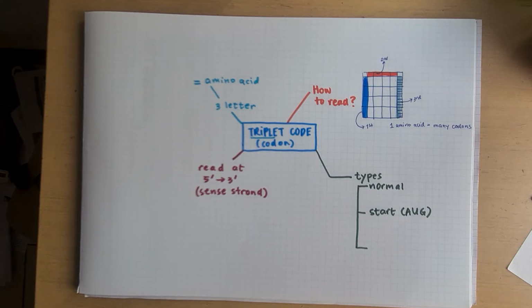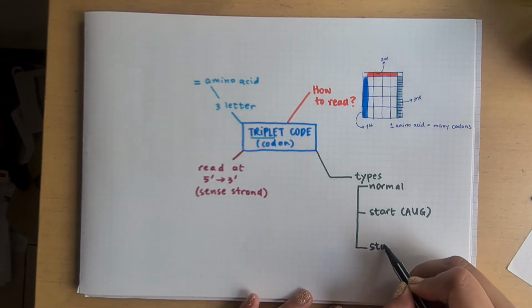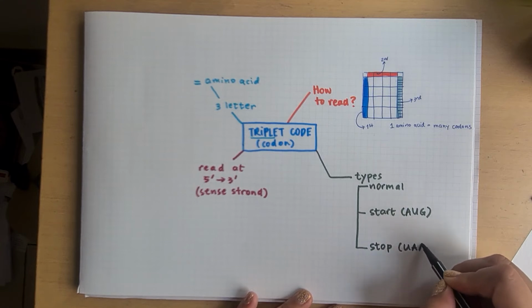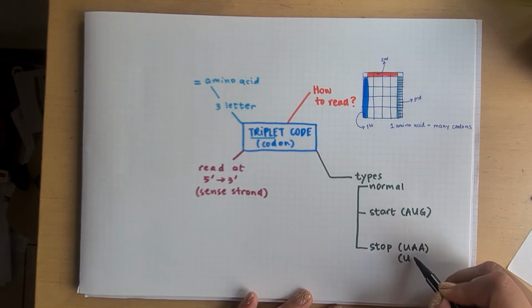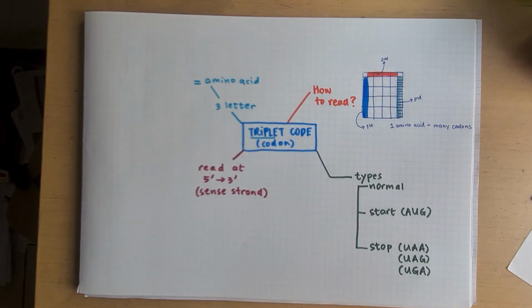And lastly, we have three special codons to indicate the stop of protein synthesis, and that is UAA, UAG, and UGA. These three do not code for any amino acid, but only indicate the end of protein synthesis in the ribosome.